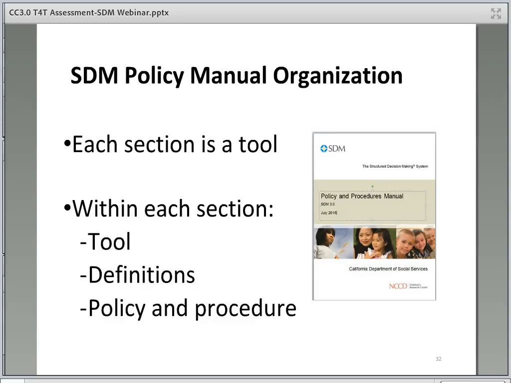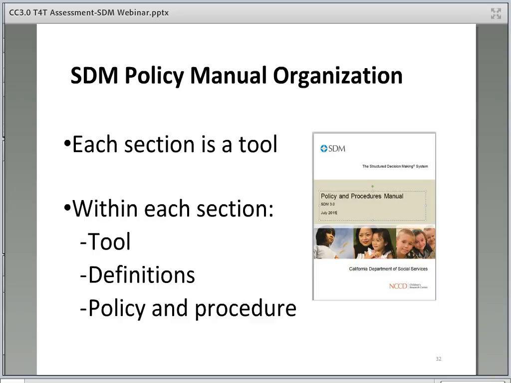The SDM policy manual contains all of the information necessary to complete all of the assessment tools. Within each section, you will find the tool itself, definitions, and the policy and procedure with explicit instructions on how to complete the tool. Instructors should familiarize themselves with the SDM policy and procedure manual.